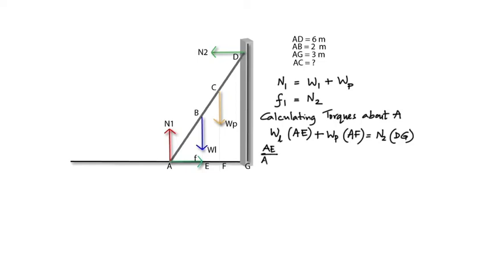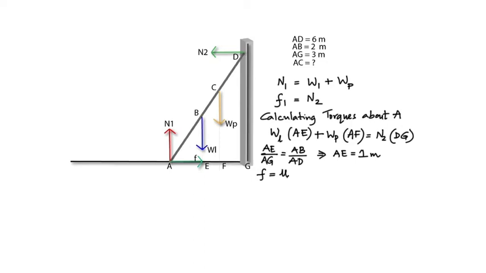So the ratio of AE by AG should be equal to AB by AD. That's the idea. AB by AD is 2 by 6. You can see it's 2 by 6. And AG is 3. So 3 times 2 by 6 gives you 1 meter for AE.